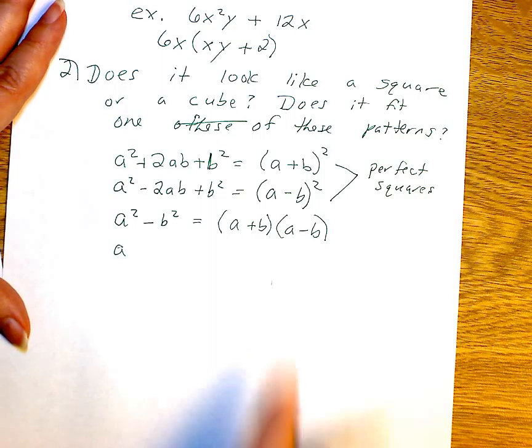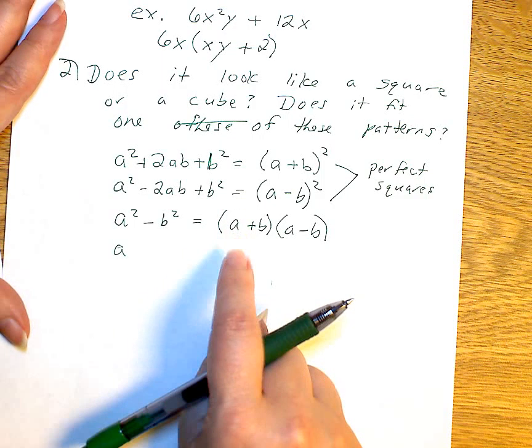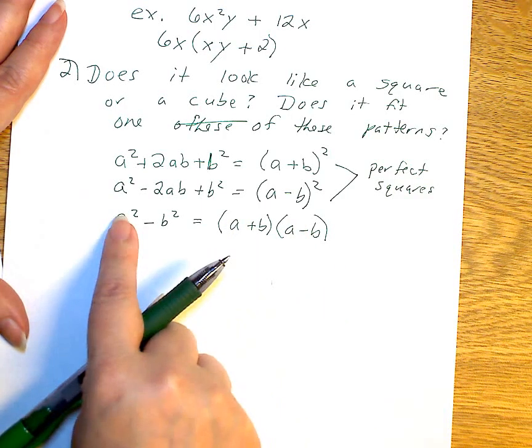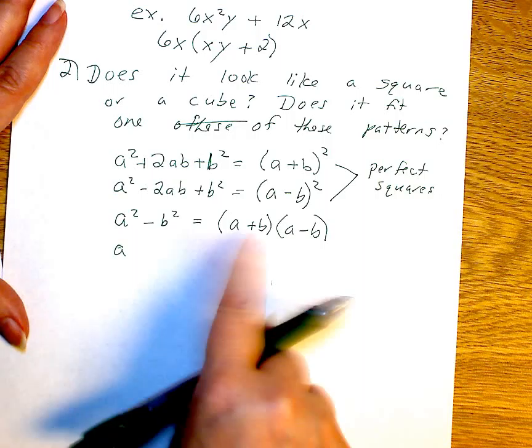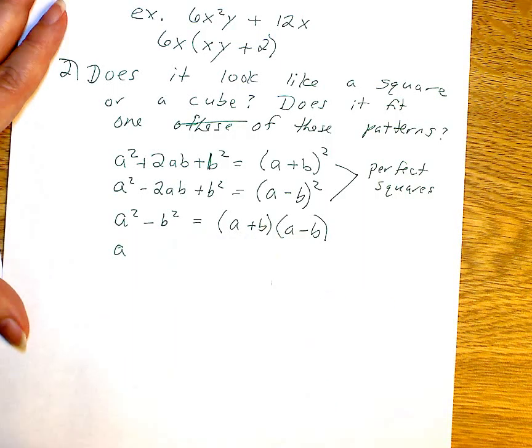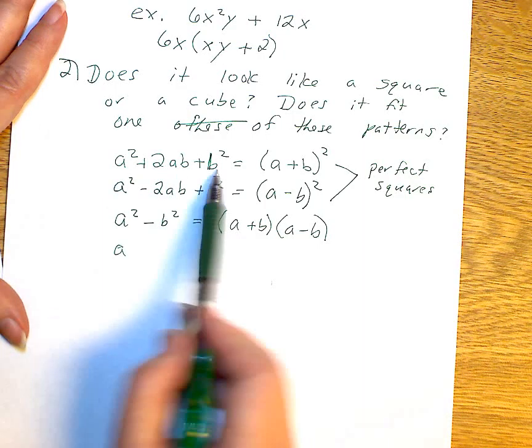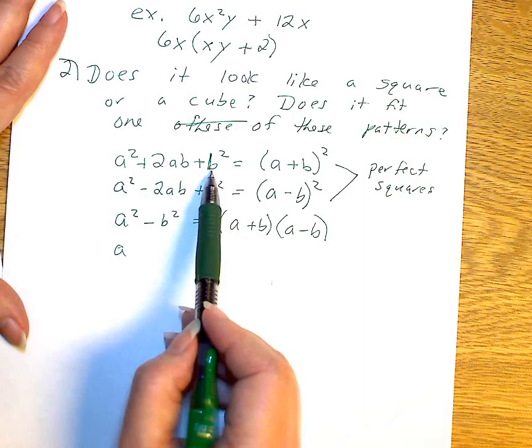Well, remember we're undoing foiling. So if you have this, what you had before you foiled is this. So remember we're undoing foil. So this is what you're going to be given, and what did you foil to get this was this one.